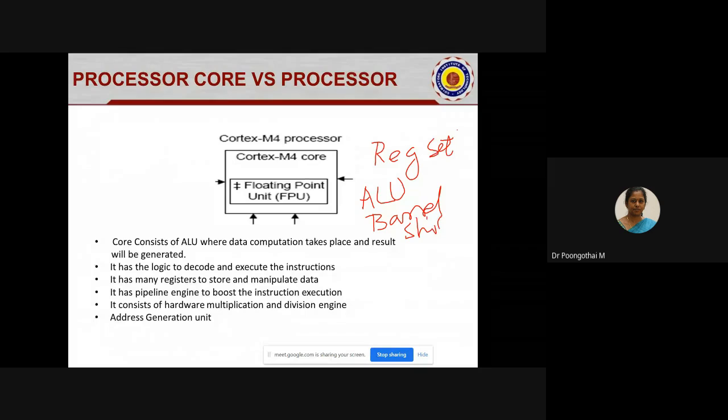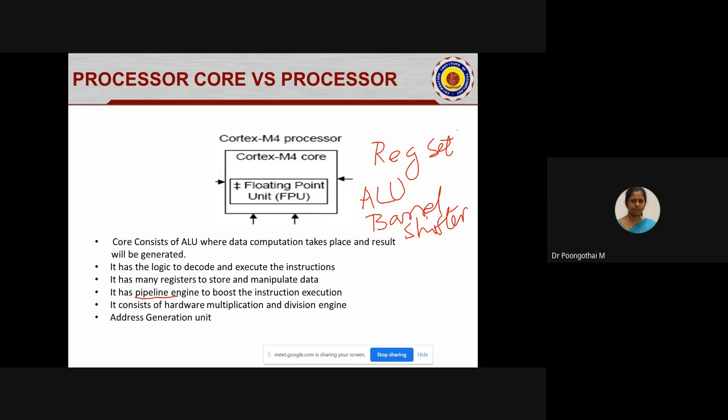It is a hardware device that will perform shift operation to speed up the multiplication and division operation. Pipeline engine, various registers to manipulate data, and special function registers to track the execution state of the code, and also instruction decoder to decode the instruction. So all these components are part of the core.